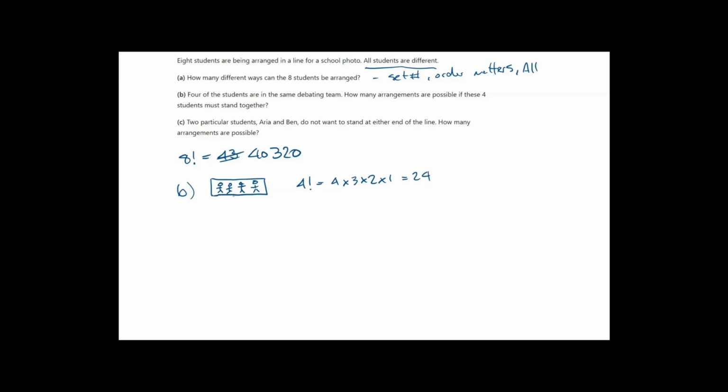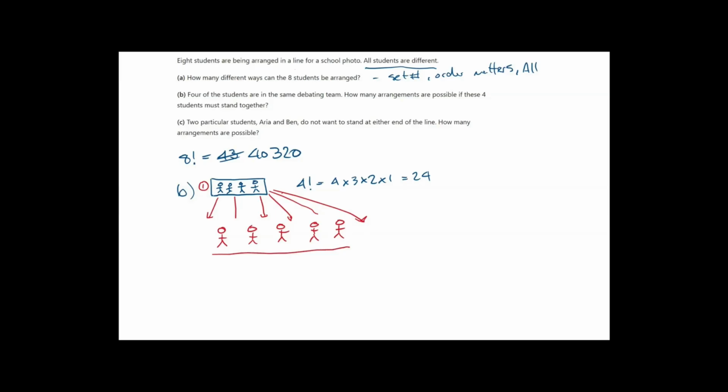So once we've got that 24 different ways, we've got 4 more students. So let's do the students who aren't in the debating team in red. Now, these 4 are together, but they could be here, here, or here, or I guess even here. So really, these count as 1 student.